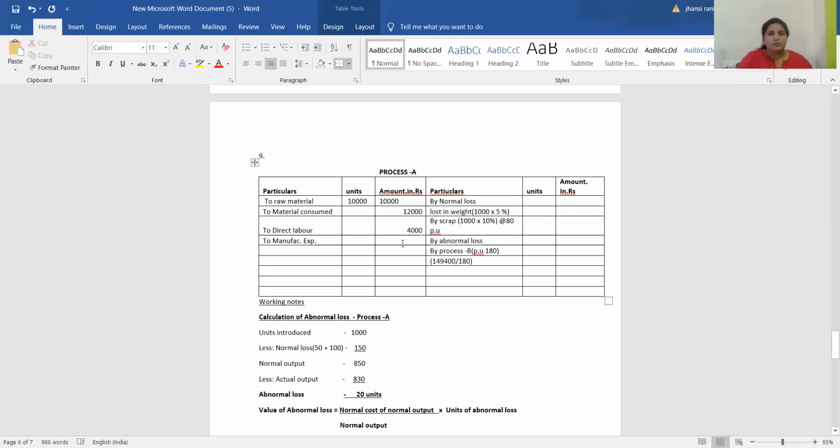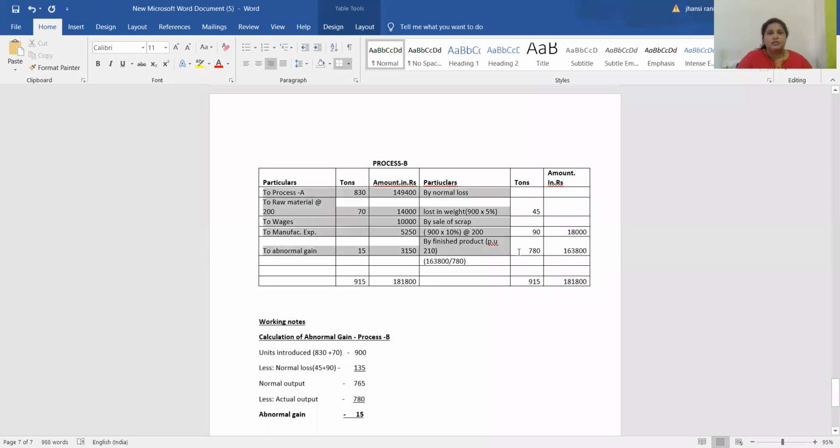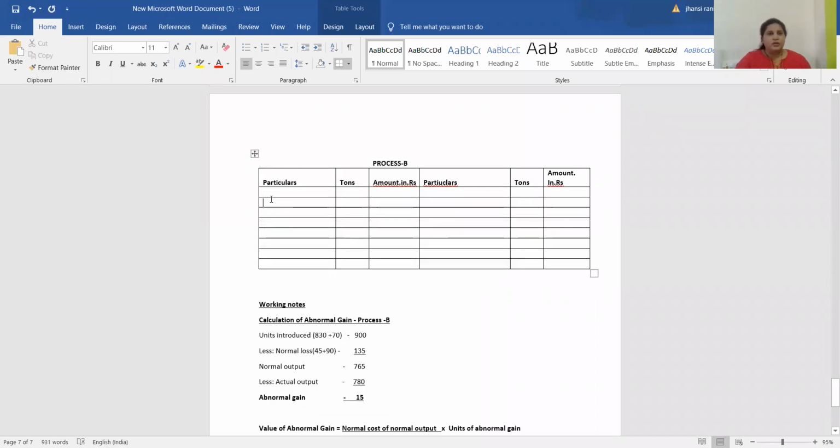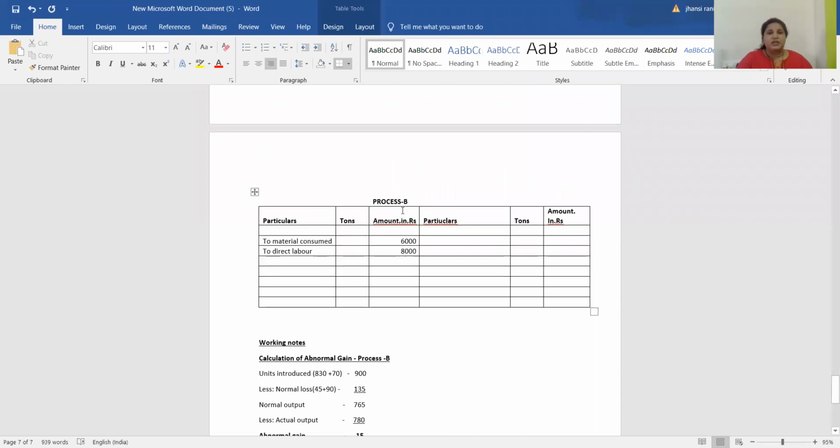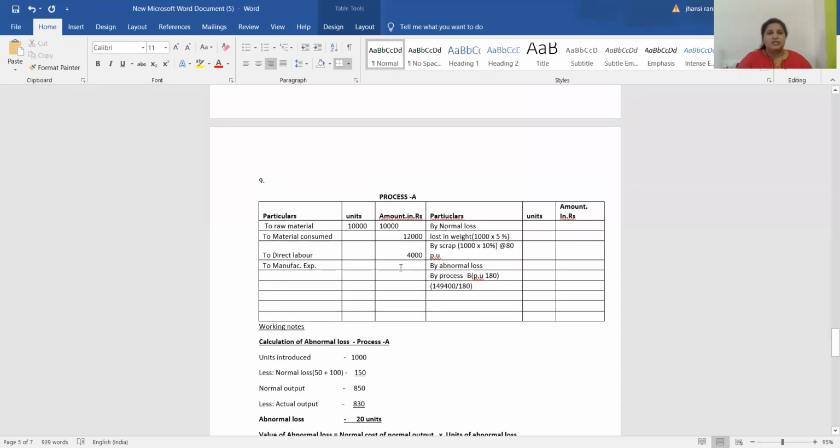They have given it for process B also, so simultaneously we will write for process B. For process B, the material consumed is 6,000, and direct labor for process B is 8,000. They have also given manufacturing expenses, so we will write those simultaneously: for process A, it is 4,000.